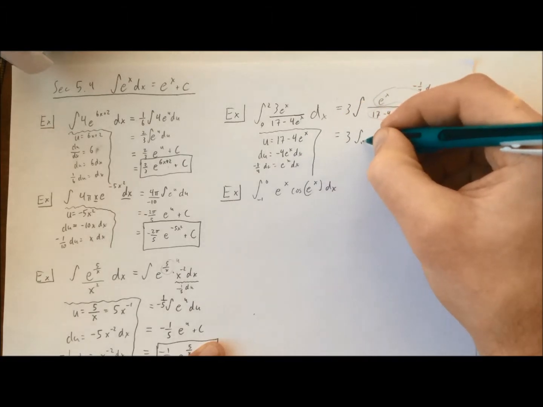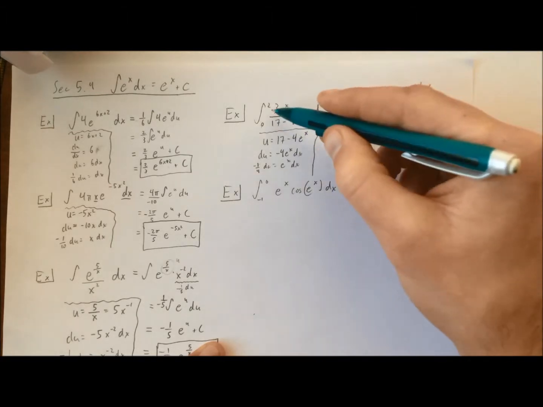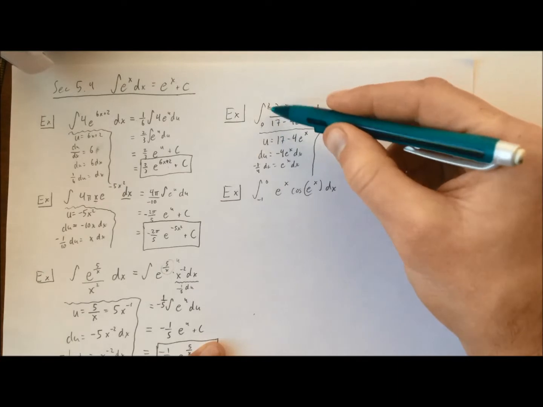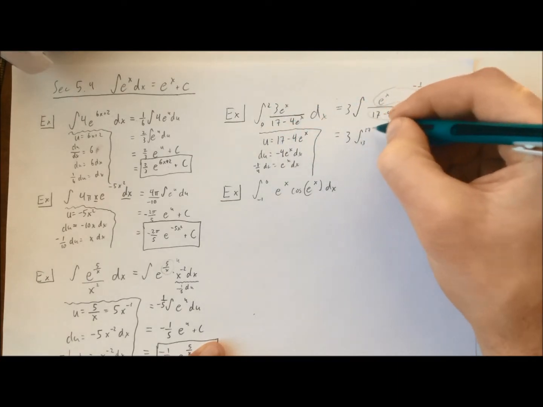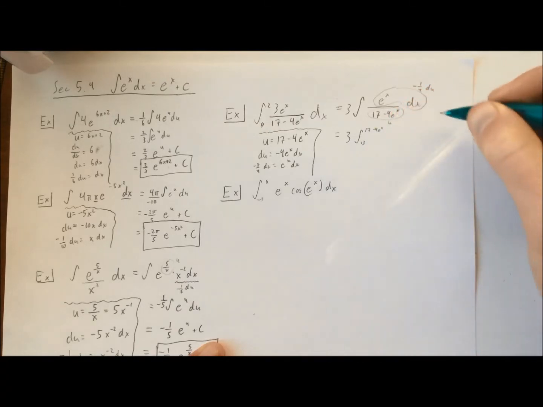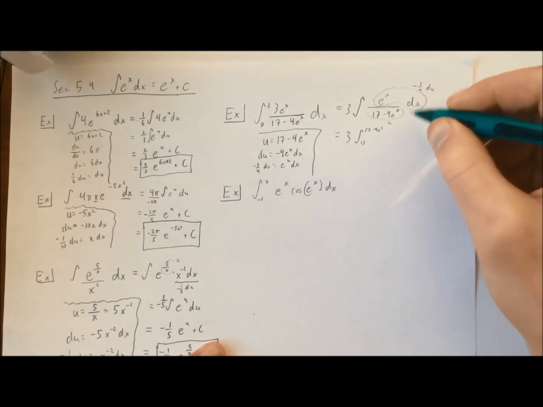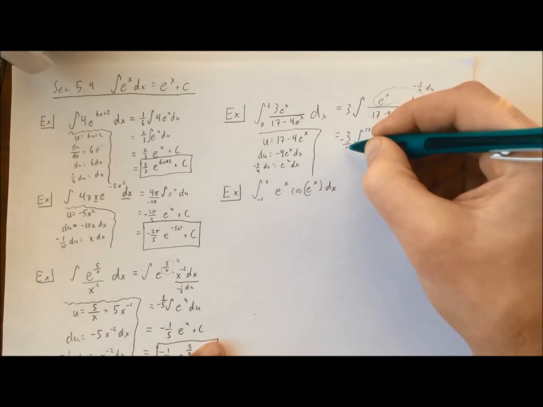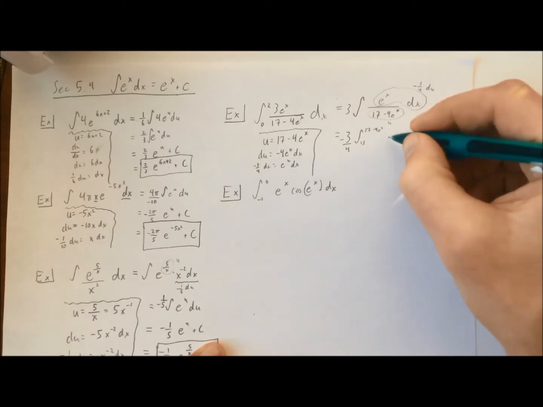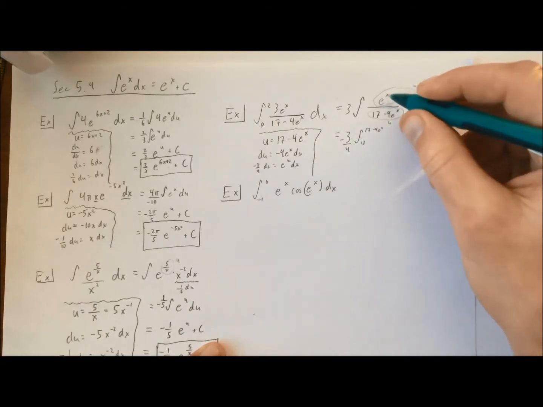And that's going to give me 13. If I plug in 2 here, it's going to be 2 in for the x, it's going to be 17 minus 4e squared. That's my other limit. This right here is my negative 1/4 du. I'll bring in negative 1/4 out front here. And I'm going to have just 1 over u du.